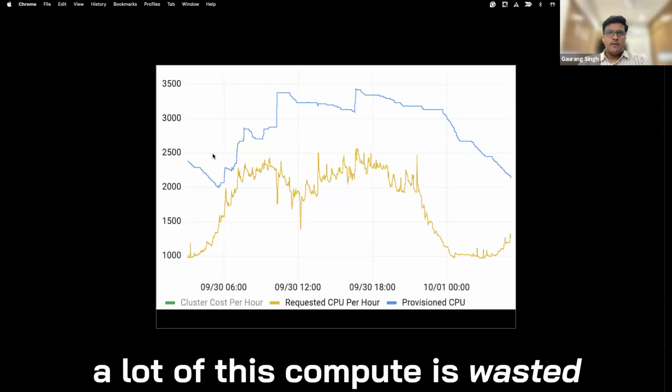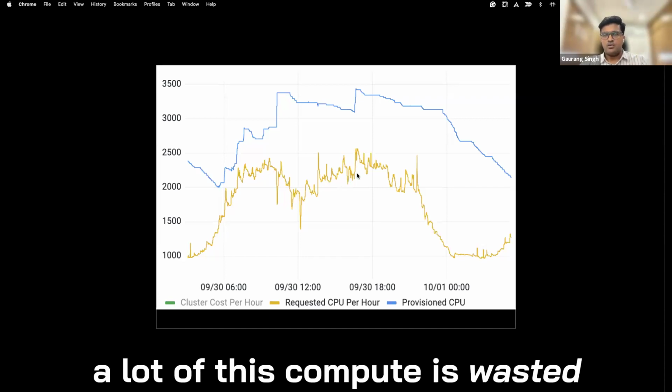This is a graph we captured, and this is basically a real-time graph for an application which is customer facing, and its utilization. So let me explain the dimensions of the graph. The yellow line is basically what your requested CPU is, or what your application is asking for. And you see in the morning time it's very low. In the daytime, when the day starts, you start using more. Afternoon it goes down.